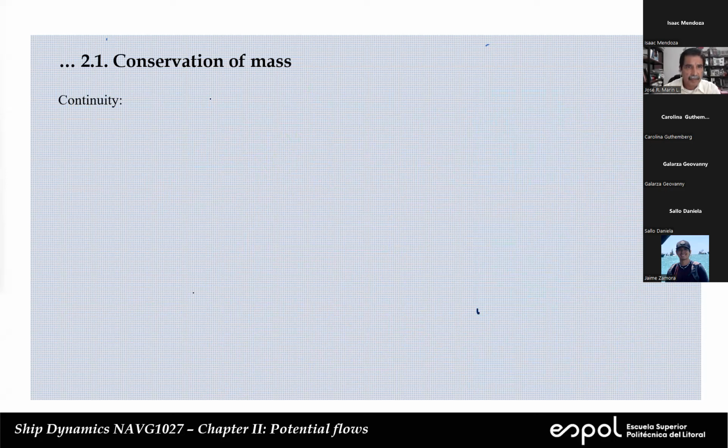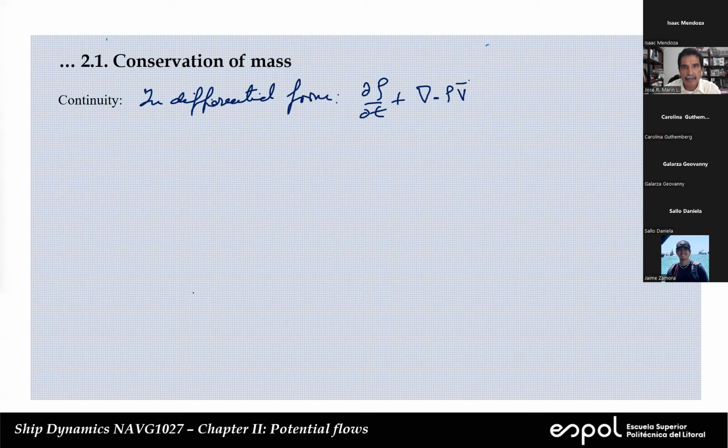We have the derivative in differential form. We have the derivative of rho with respect to time plus nabla dot rho v is equal to 0.